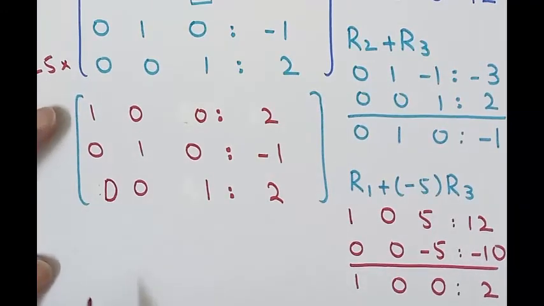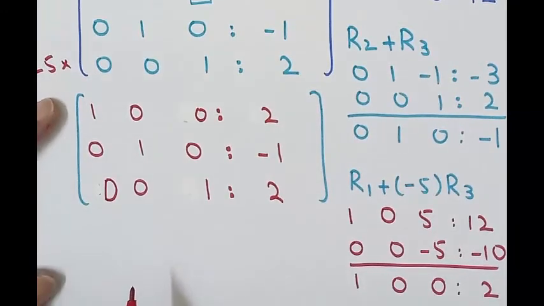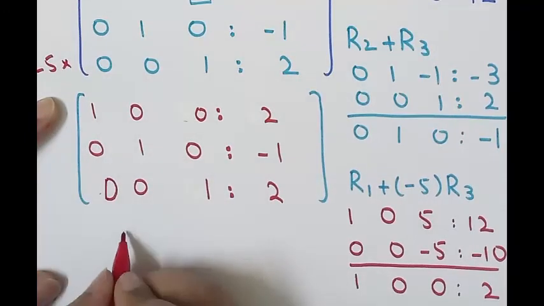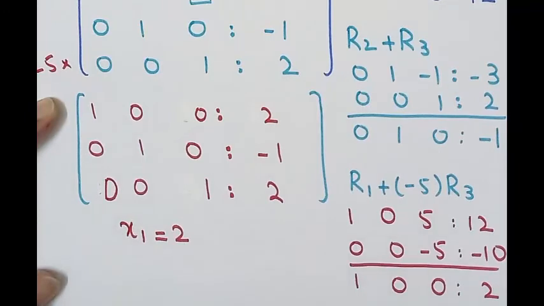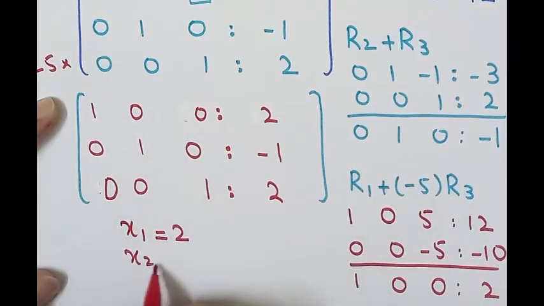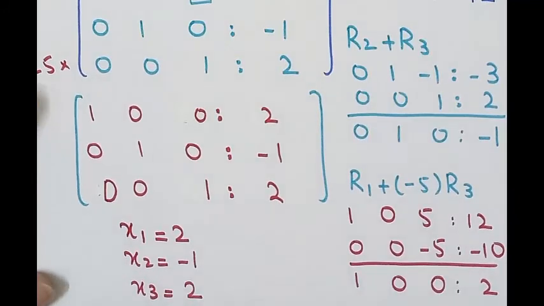Now we have to find the value of x1, x2 and x3. So this is the only value, x1, which is equal to 2. x2 and x3 are 0 in this row. Then this is x2, which is equal to minus 1, and this is x3, which is equal to 2.